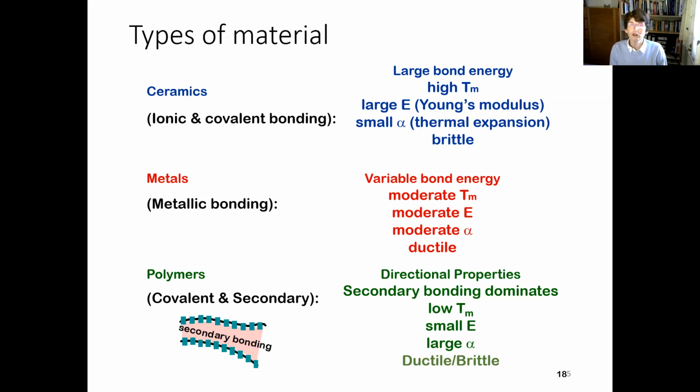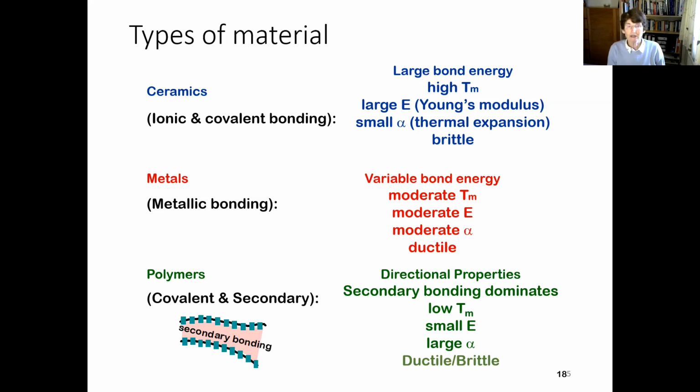And when we do ceramics from a material science perspective, it's a bit broader than what we think of in everyday life, like sinks or coffee mugs. It's anything really that has a strong ionic or covalent character to the bonding. And this basically means very large bond energies, which lead to high melting temperatures, very stiff materials, and small thermal expansion.